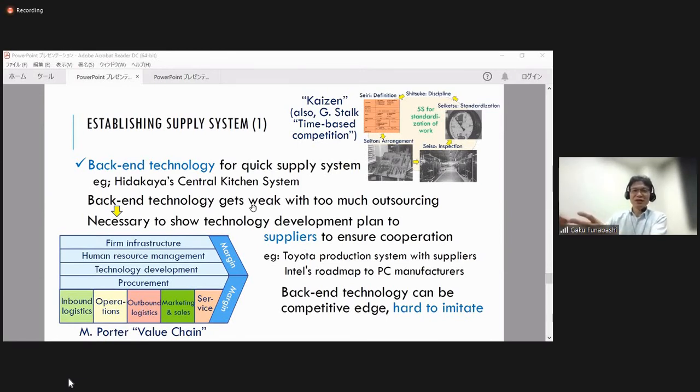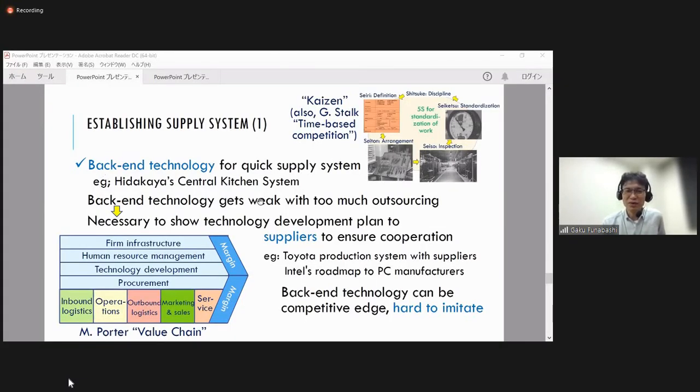Bermuda doesn't produce themselves. They outsource the production. In that case, Bermuda cannot accumulate experience and knowledge on the production part, and it cannot be the source of competitiveness. So again, if you emphasize this back-end technology and want to make it a source of competitiveness, you have to operate it yourself.